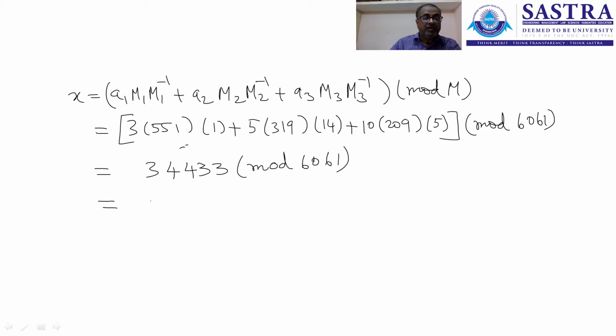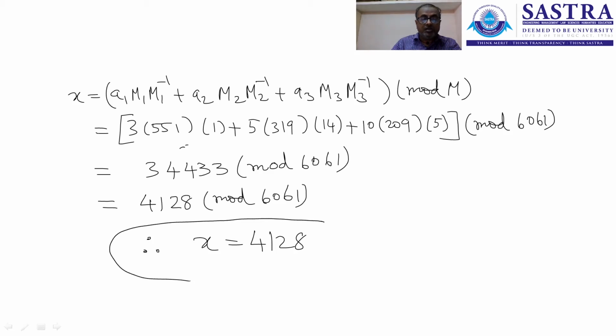And when I divide this 34,433 by 6061, the remainder turns out to be 4128 mod 6061. Therefore, your value of x, which satisfies all the linear congruence equations, is this, namely 4128. So now you have solved a system of linear congruence equations.